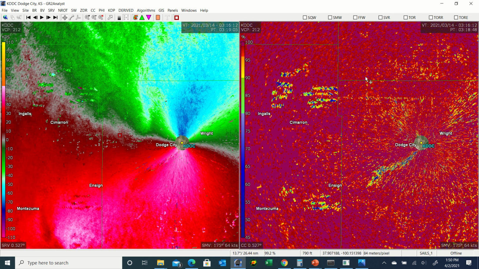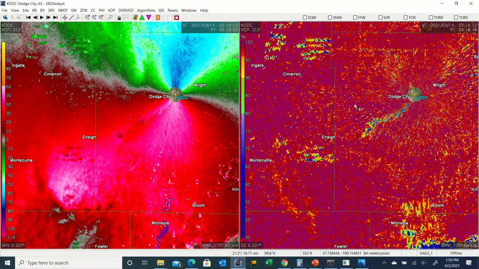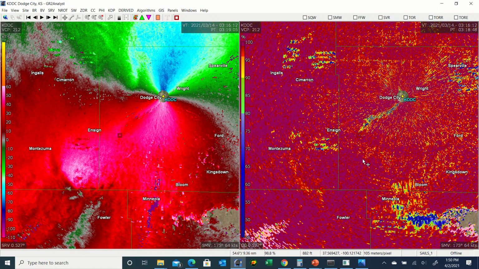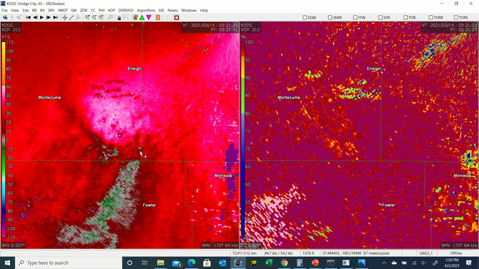You can make out some county roads north of Dodge City here. I believe this is another wind farm north of Cimarron. So these are all things you're going to want to keep in mind with your radar, because they can cause artifacts that aren't real when you're doing your radar analysis. So let's keep that in mind as we go forward here.